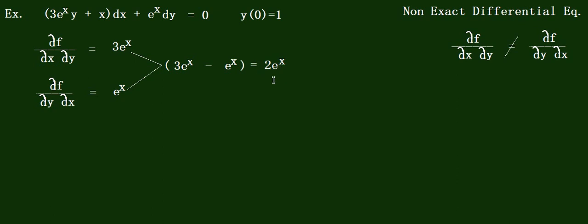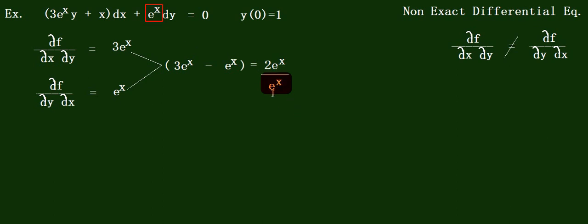Now we need to check by which term we can divide the subtraction term, so that it may result in a function of a single variable. For example, in this case we have e power x in this term, so we may use that e power x as a denominator for this term. So we place e power x here.